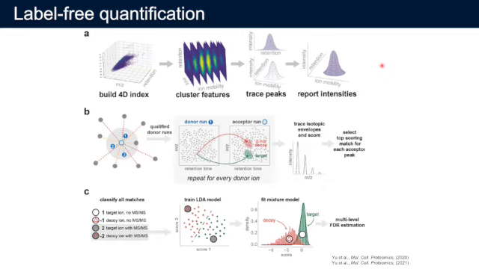After finding all the features for all the runs, IonQuant can perform the match between runs. Match between runs basically is for transferring the peptide from one run to the other. By transferring the peptide across all the runs, it can fill in all those missing values and make the data more complete.